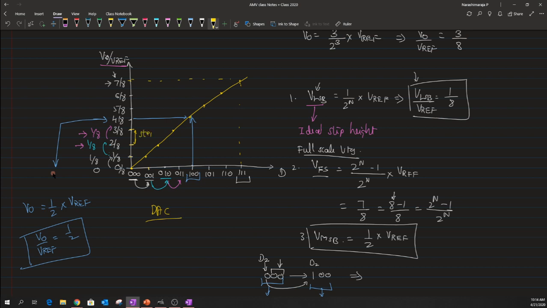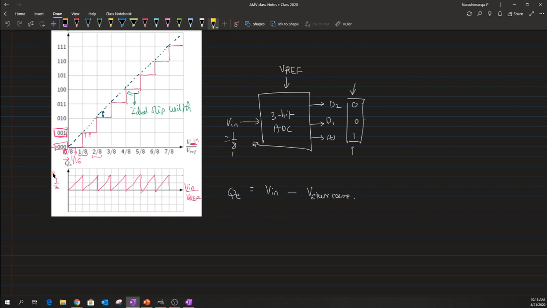You have to be clear with what I'm trying to say: the step height or step width is always associated with some sort of voltage terms, something like 1 by 8 or 0 by 8. When I'm talking about a DAC, these terms are associated with the step height, and when I discuss this ADC, you could find those data of 0 by 8 or 1 by 8 appearing towards the x axis.